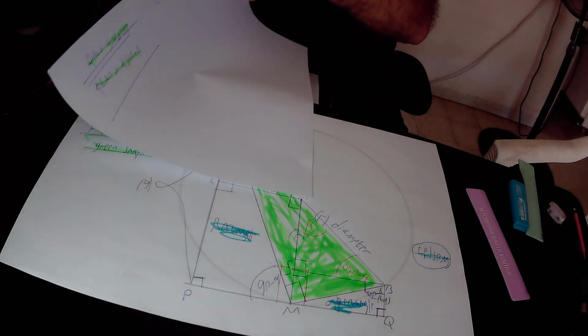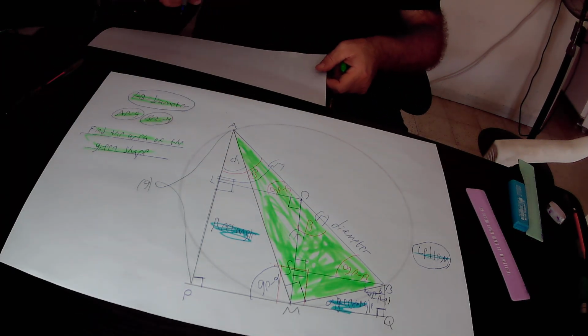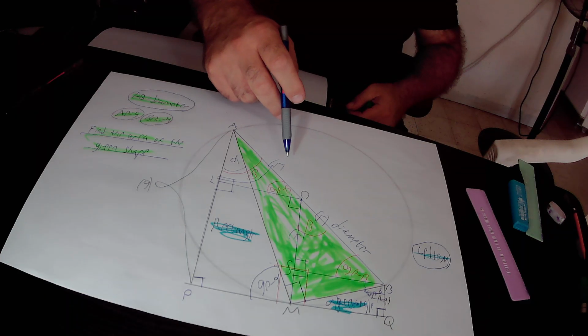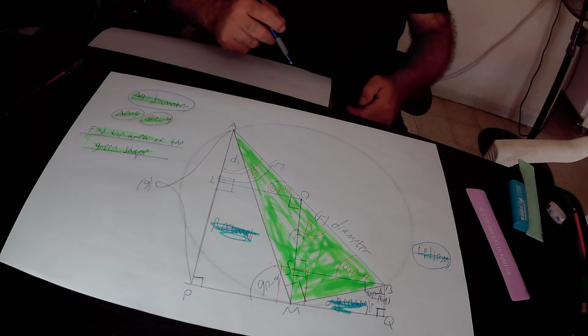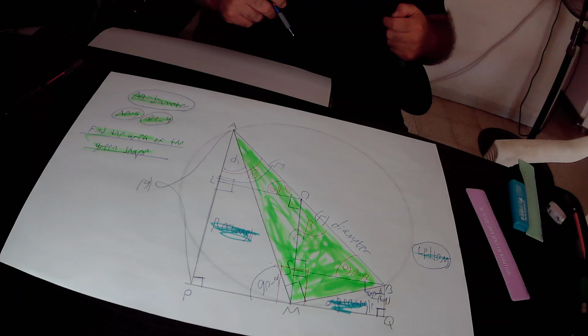In addition, AO and OB are both the radius of the circle that is equal to R and therefore they are equal to each other.